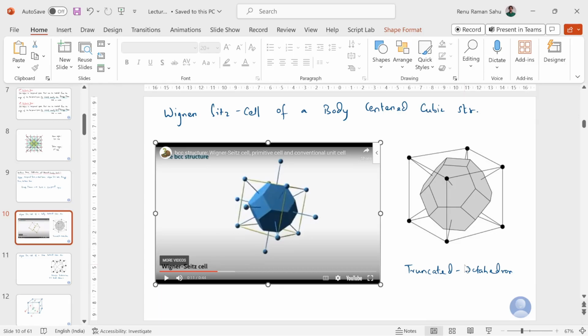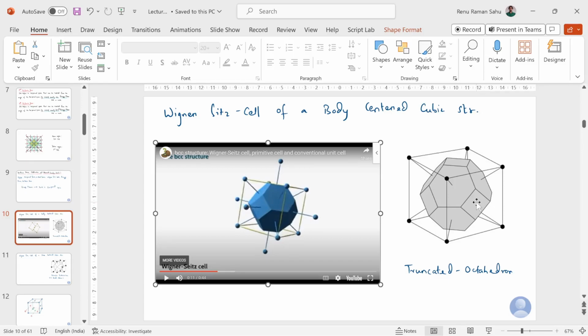So this particular structure is characterized by hexagons. The hexagon is a Bragg plane. The Bragg planes joining the body center to a corner will be hexagons. And the Bragg planes perpendicularly bisecting the line joining a body center to the nearest body center will be these squares. Are you able to see?